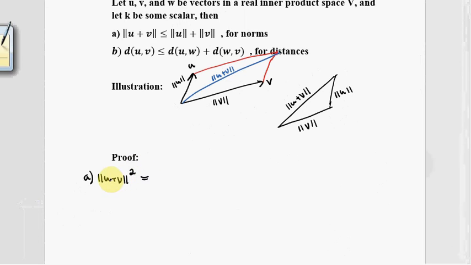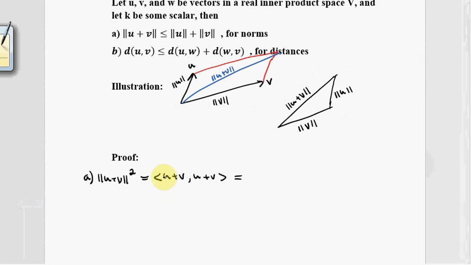So here, the norm of u plus v squared is simply the inner product of u plus v with itself, u plus v. I simplify that. I use the additivity property for inner products, which I told you is the same thing as the distributive property, if you will.